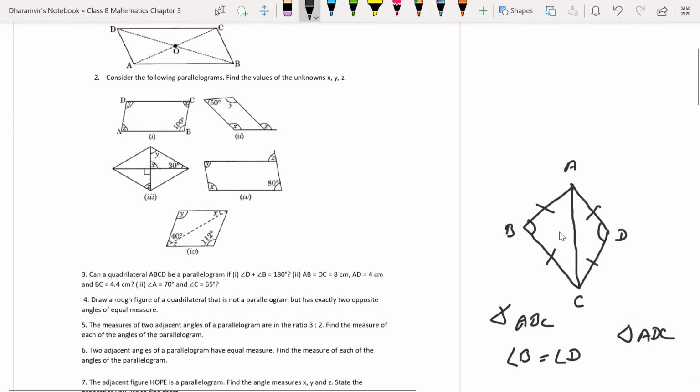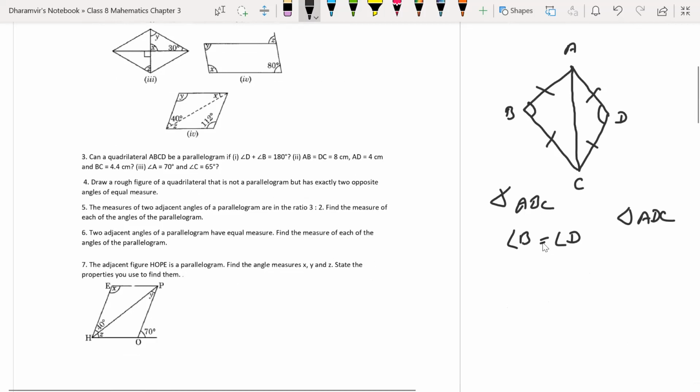So this is the figure ABCD. Here we draw a line, then there become two triangles. These are the congruent triangles.